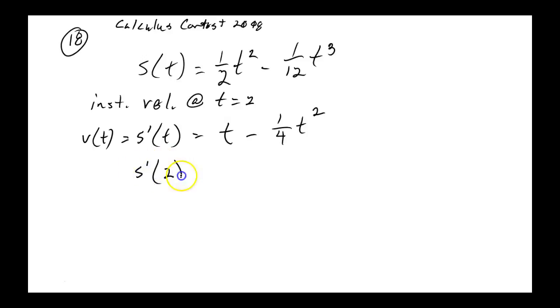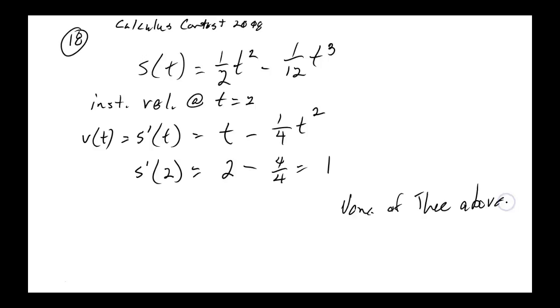S prime of 2 would then be 2 minus 1, which is 1. They don't give what the units are, so we don't know what those units are, but it's none of the above.